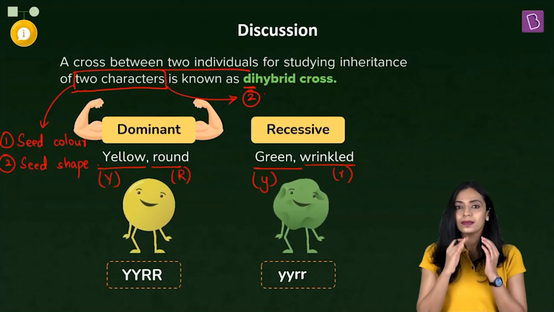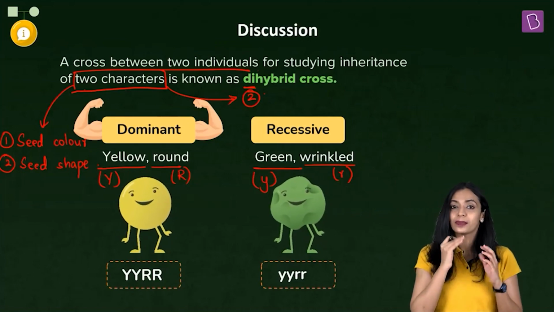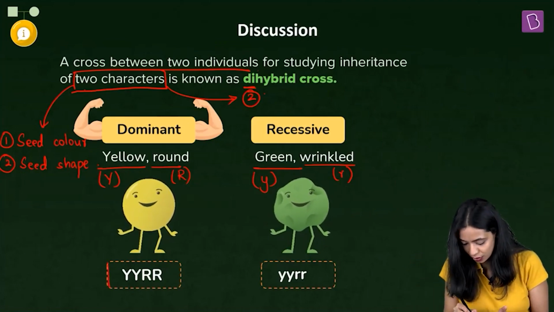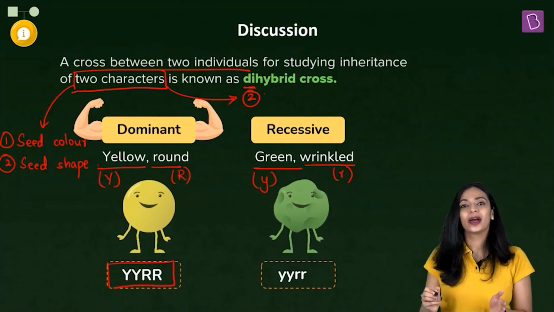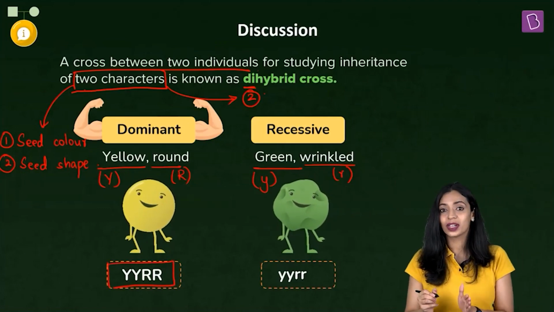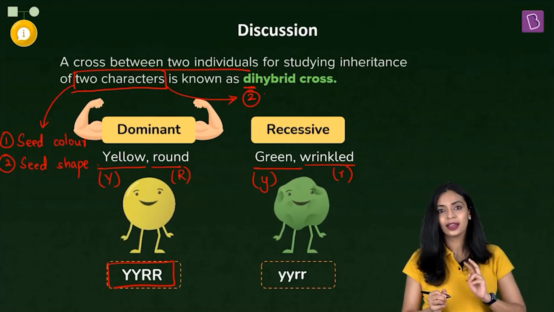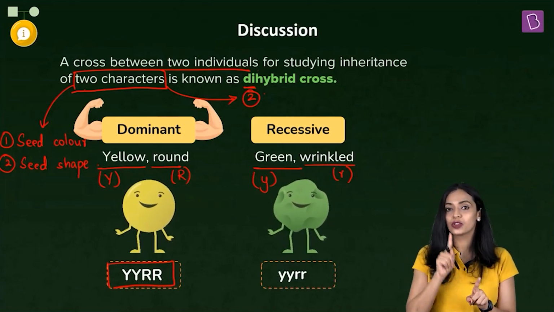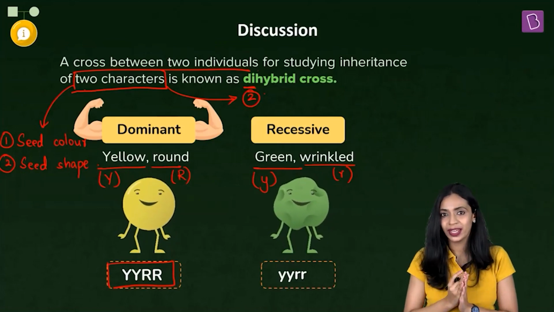Now, a plant that is pure line dominant for both the traits will have the genotype capital Y, capital Y, capital R, capital R. Remember, we are considering two characters, right? Each diploid organism will have a pair of alleles or two alleles governing one character.